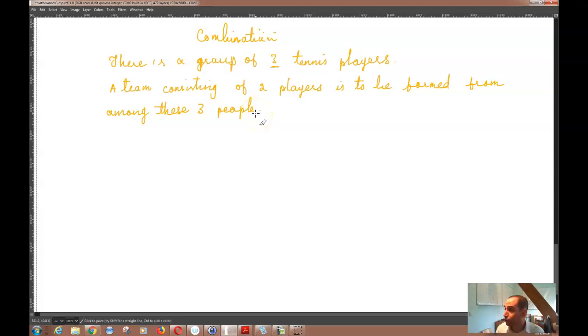So suppose that the three players are, for example, X, Y and Z. These are the players.